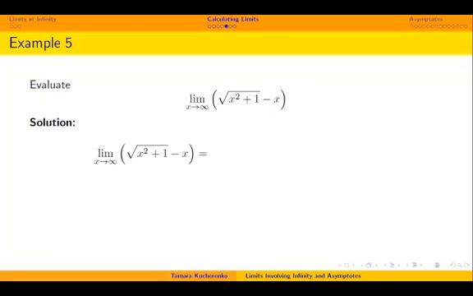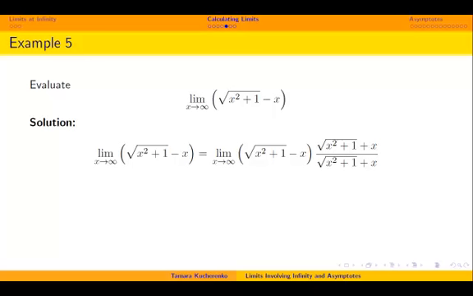To compute the limit, we need to rewrite the function. Let's multiply and divide by the conjugate, square root of x squared plus 1 plus x.